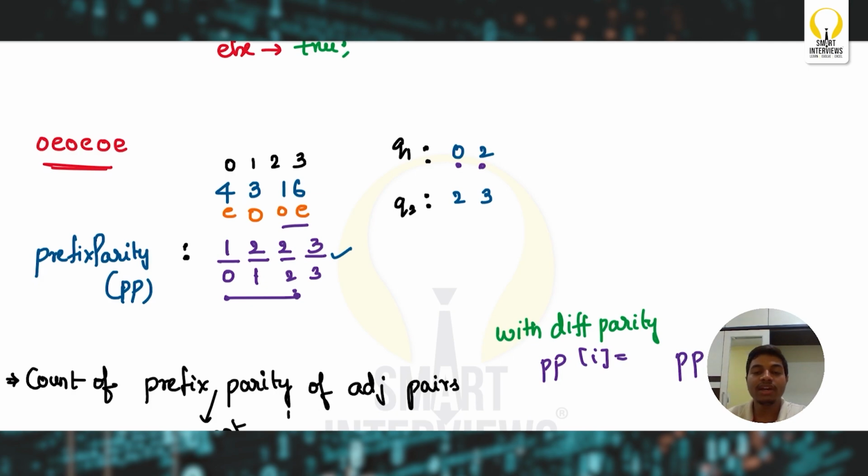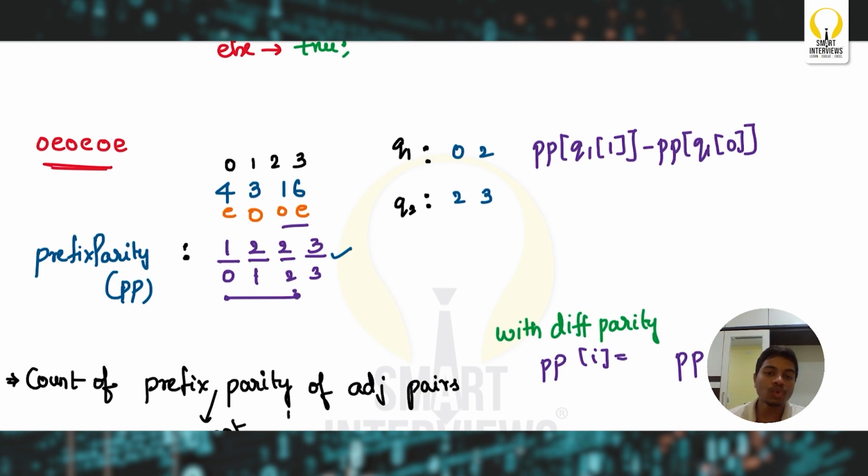From the 0th index to the 2nd index, if you can simply get the prefix parity count, that is going to be pp of q1 of 1 minus pp of q1 of 0. So what do we get from this? From 2 to 0, what is the count? 2 minus 1, that is going to be 1.